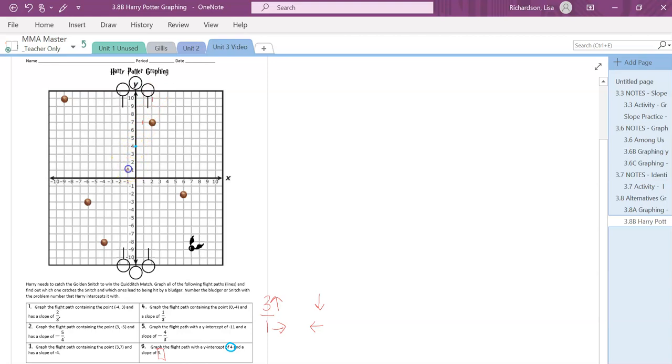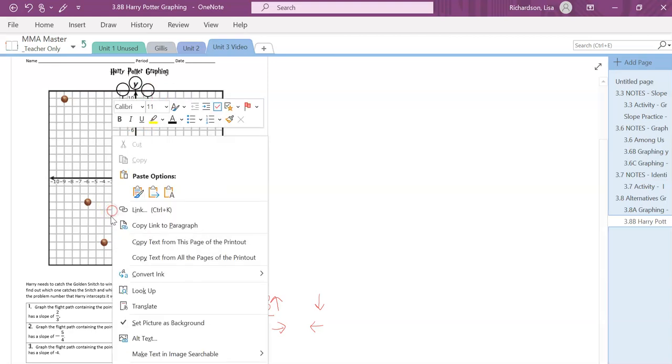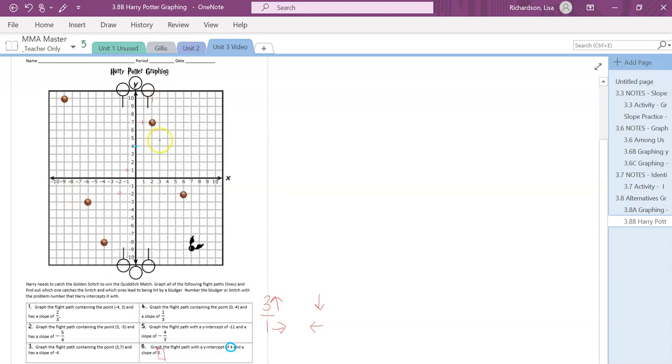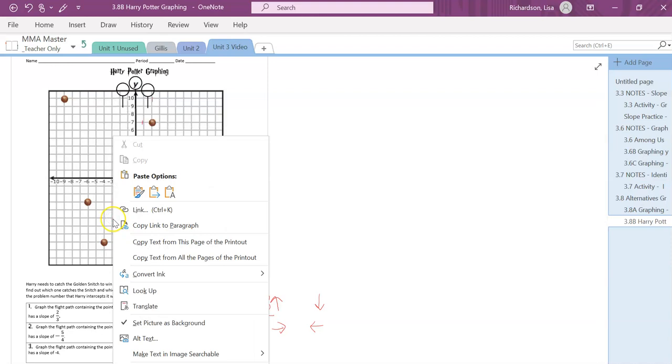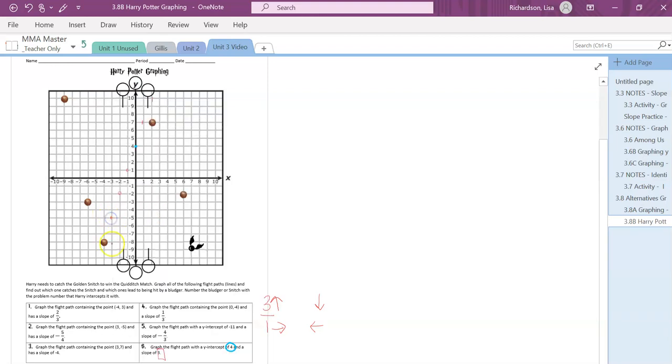Down 3 over 1, down 3 over 1, down 3 over 1. Did I go down 3 over 1 here? 1, 2, 3 over 1, down 1, 2, 3 over 1. Sorry. And down 3 over 1.